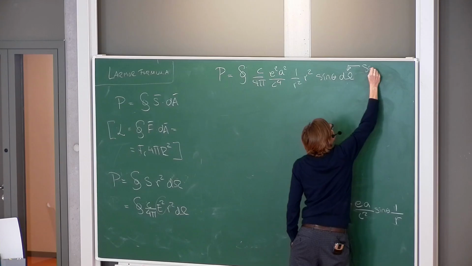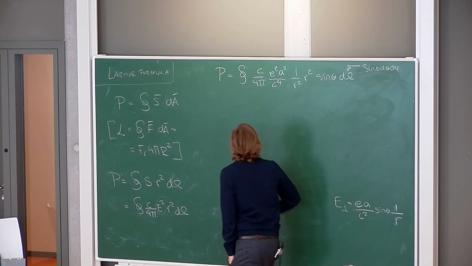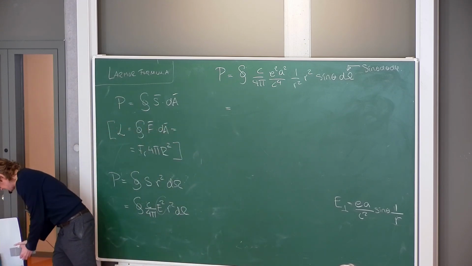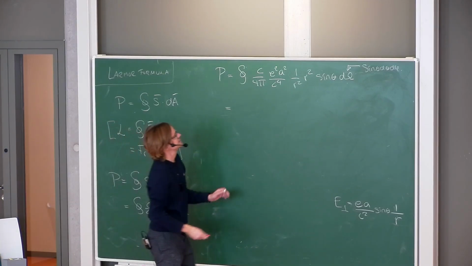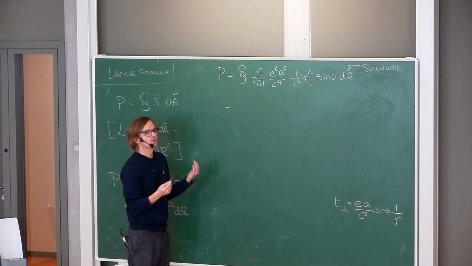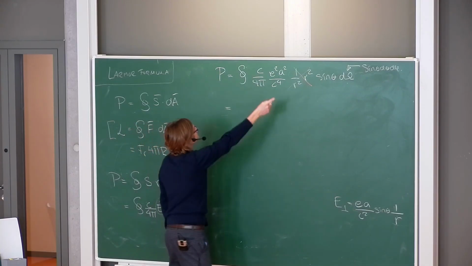This is just sine theta d theta d phi, as we know, right? And of course, again, I repeat myself, but I think it's worth doing it in this case. The whole thing is that this cancels, so there is no radial dependence on this.